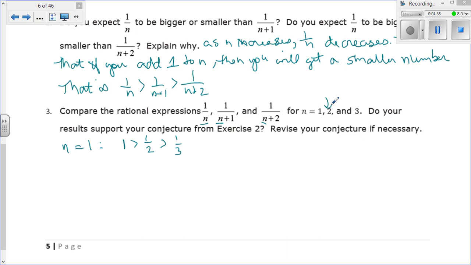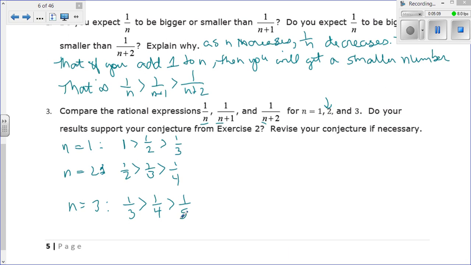Now I need to do the same thing with 2. So if n is equal to 2, then I'd have 1 half is greater than 1 third, which is greater than 1 fourth. And then if n equals 3, then I'd have 1 third greater than 1 fourth, greater than 1 fifth.